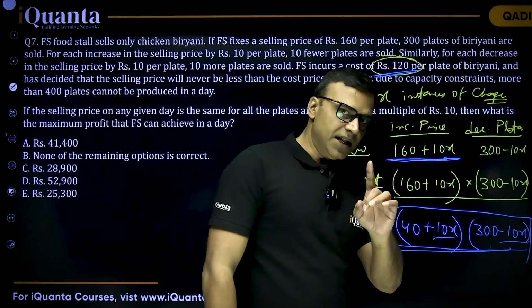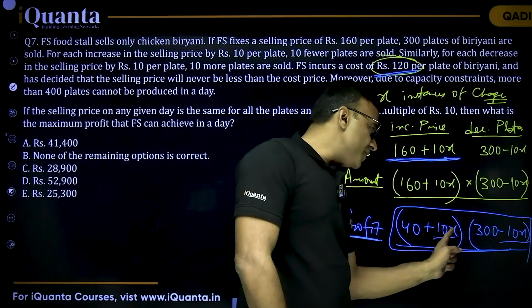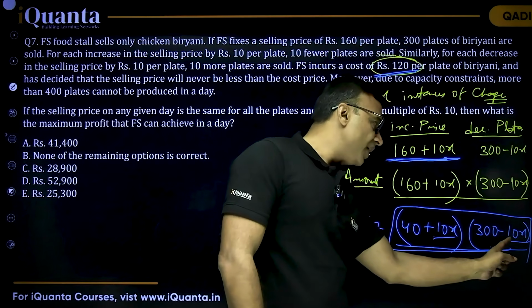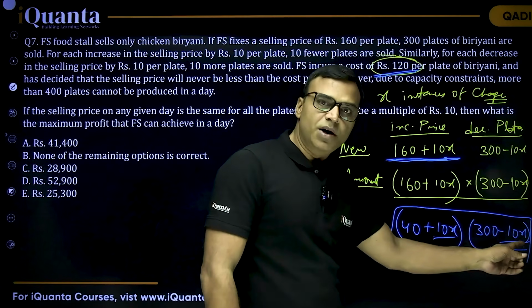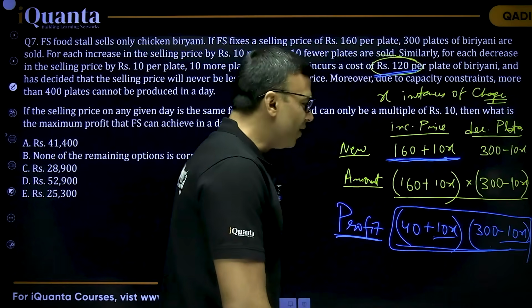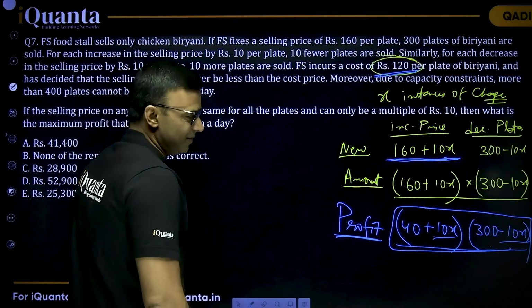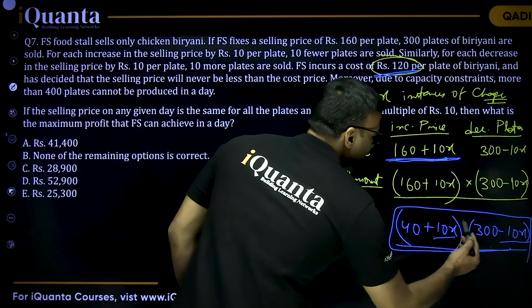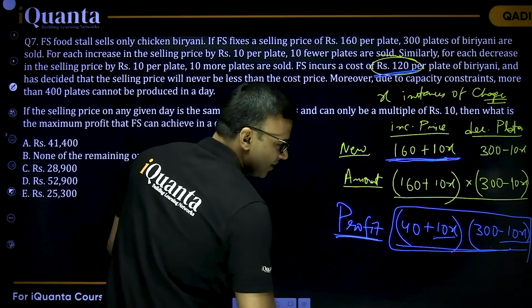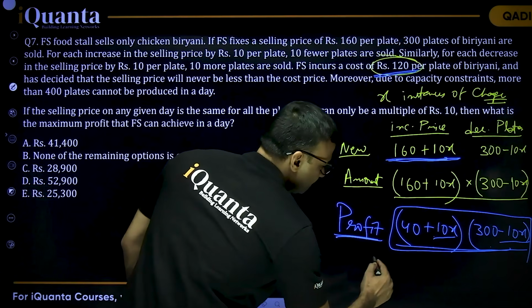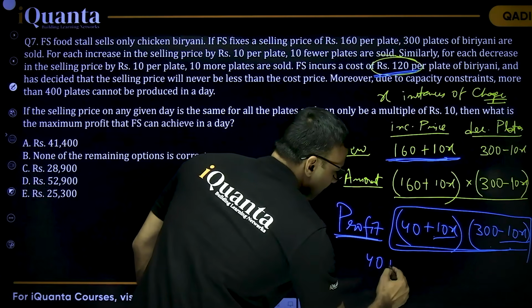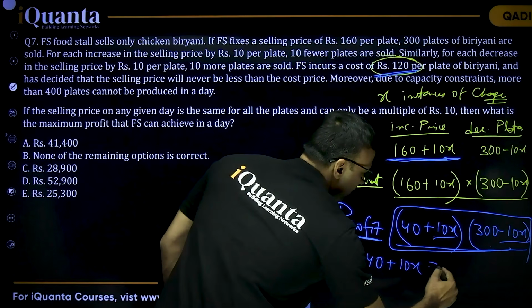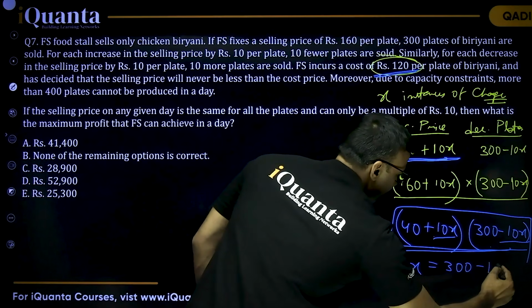I'll just repeat the last point. Make sure that the coefficient of x here and the coefficient of x here are exactly same in the value but opposite in sign. Whenever that happens, what you have to simply do is equate these two. So this gives us 40 plus 10x is equal to 300 minus 10x.